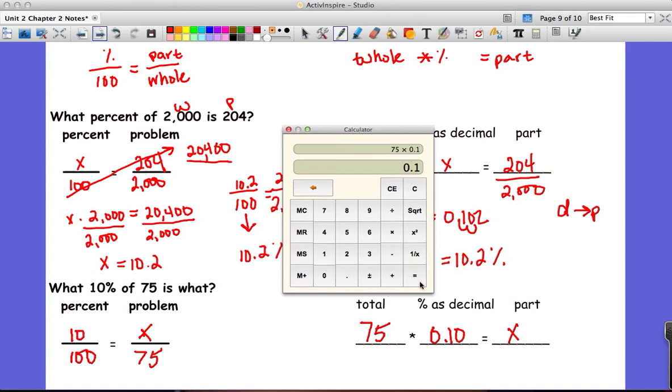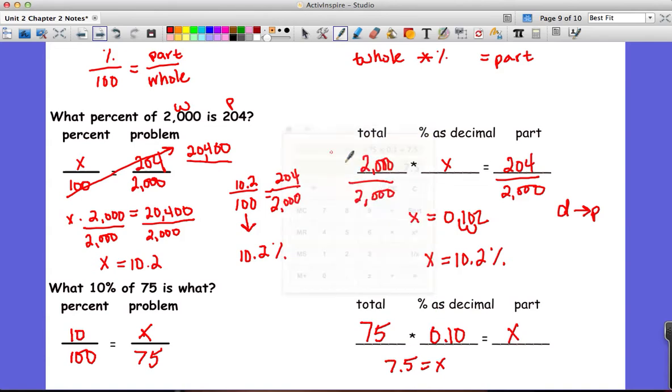Okay, so this is actually kind of like dividing, so it's going to end up moving the decimal one place to the left. So I get 7.5 is equal to x. Now, because I wasn't finding the percent part, I don't need to change it. So 7.5 is my answer.